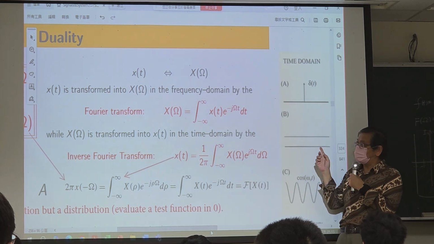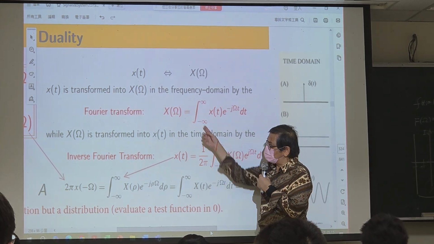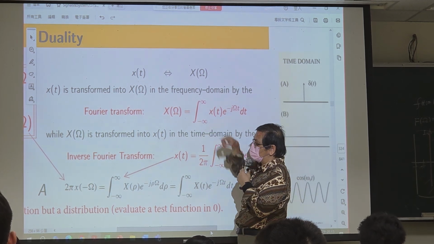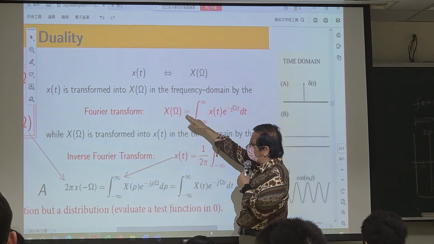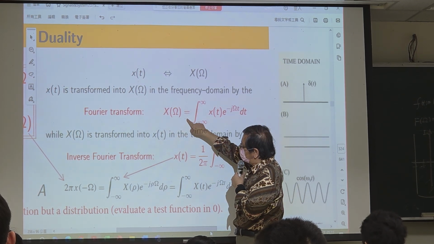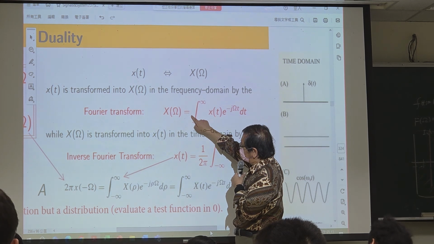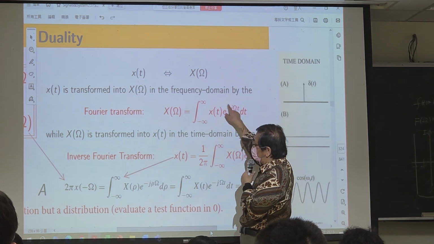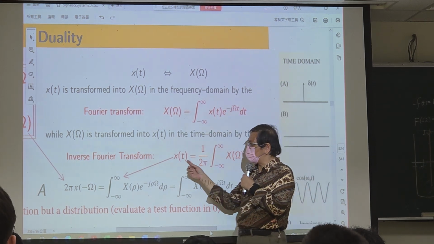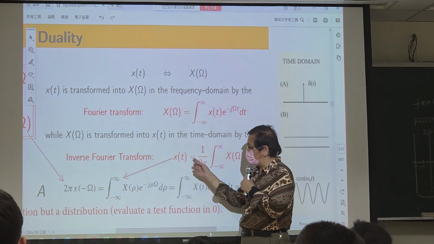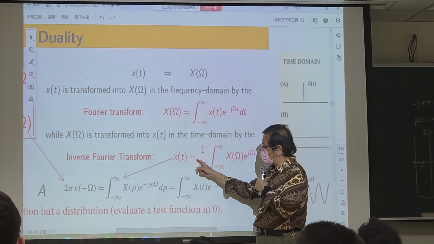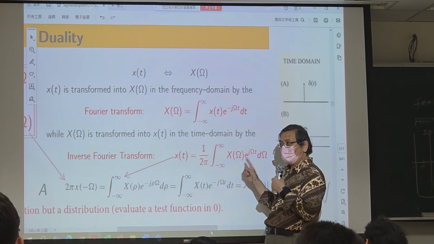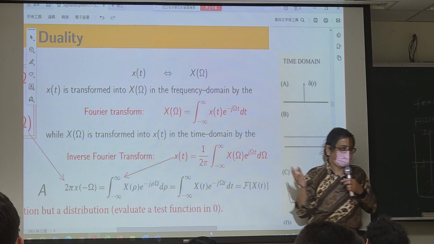Because in this case the expressions become symmetric, or identical. So they put the parameter 1 over the square root of 2 pi in front of the integral, and the corresponding inverse Fourier transform for x of t is also 1 over the square root of 2 pi times the integral. That is also possible, because it is just a definition.